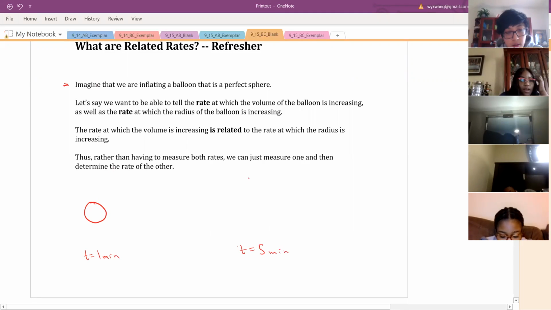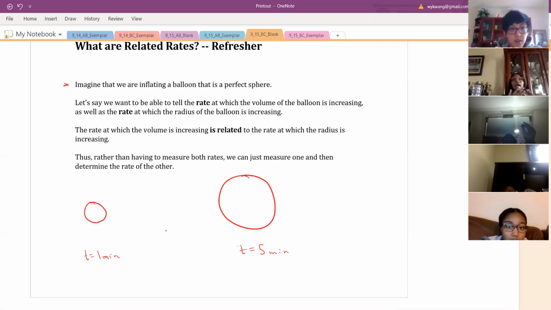That's a bad circle, but it's going to be larger, but also a ball, right? A perfect ball. And let's say we're curious about the rate at which the volume of the balloon is increasing. So obviously there's some rate we can say the rate is dV over dt, although that's not that important yet. Don't worry about this. But basically the volume is increasing at a specific rate. It could be like 2 liters per minute, something like that. The volume is increasing.